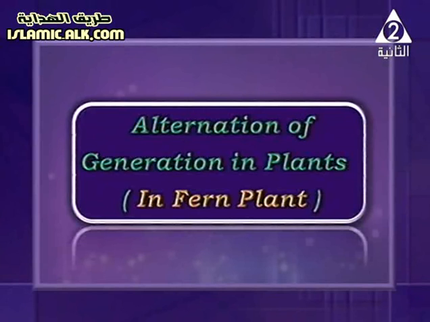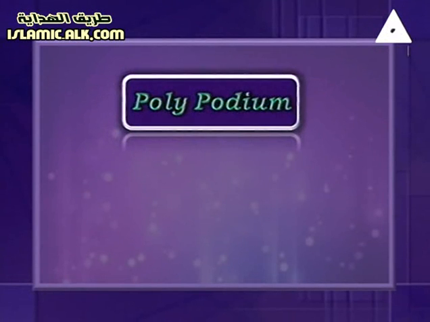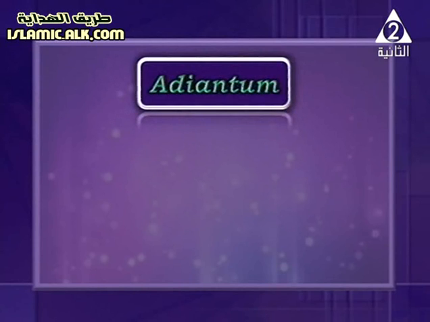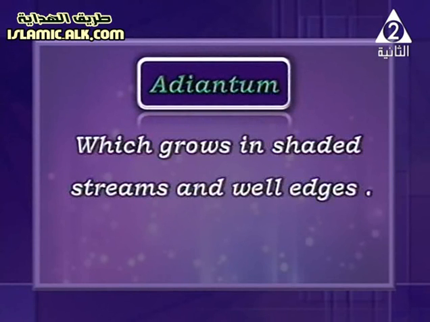After that, we have alternation of generation in plants, specifically the fern plant. Actually, we have different types of fern plants. Our examples: Polypodium, a type of plant we call an ornamental plant in nurseries. And we also have adiantum, which grows in shaded streams and well edges, and it has an Arabic name very clear for you, but I need you to search for it.